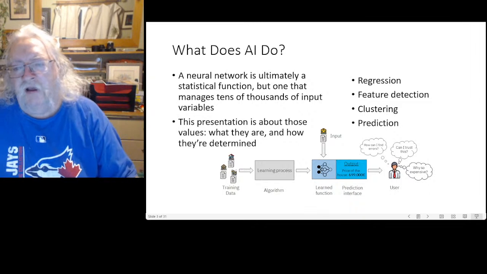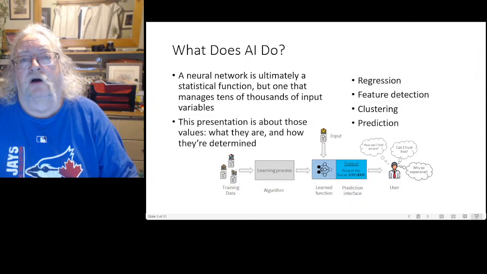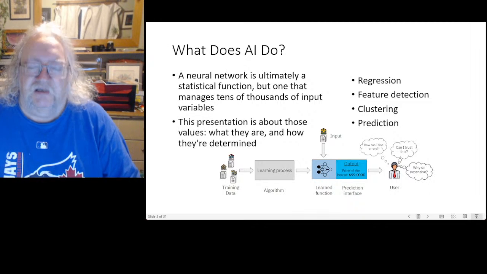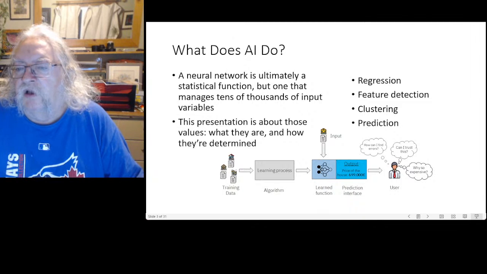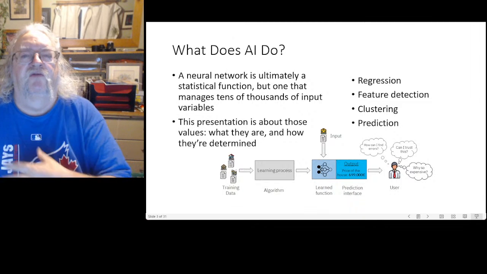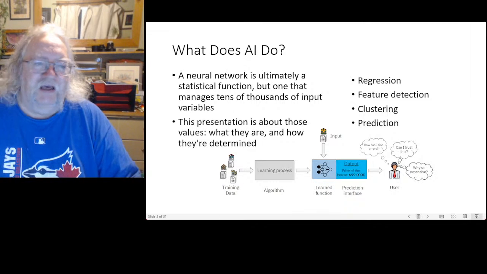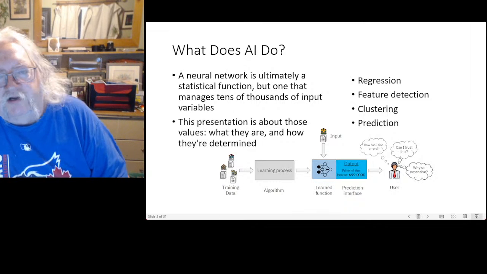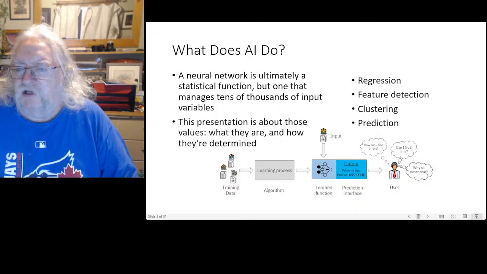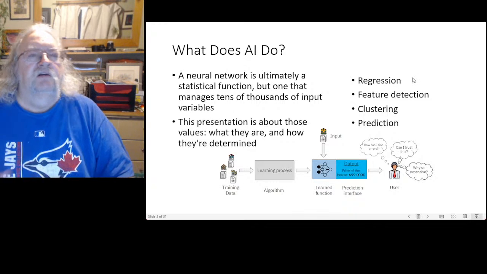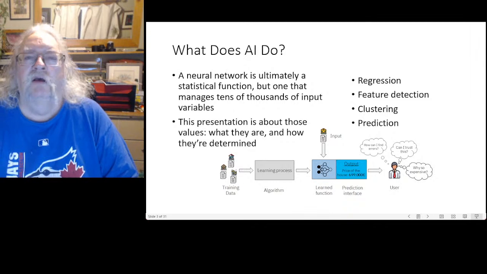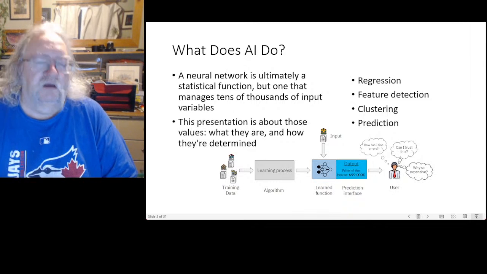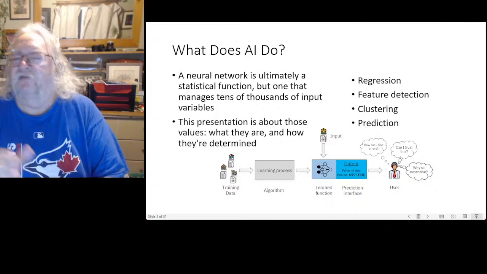So, I like to talk about what AI does, keeping in mind it's a statistical sort of thing, in terms of 4 major categories. Again, this is just me interpreting what AI does. Regression, or in other words, finding lines or patterns in data. Feature detection, that's identifying bits of things.